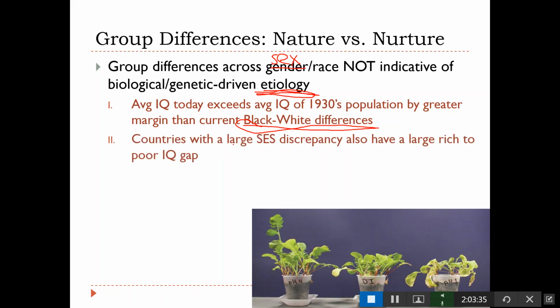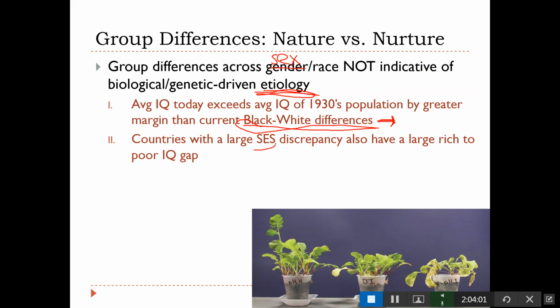And again, this could be an environmental thing, right? Black and Hispanic individuals were not afforded the same types of benefits as whites back in the day. And now that gap is closing, right? There are some changes happening, and that seems to be changing much more so now. Countries with larger SES discrepancies tend to have a large rich to poor IQ gap.